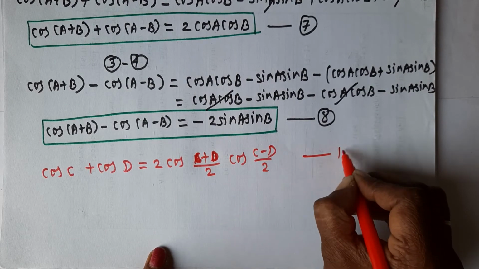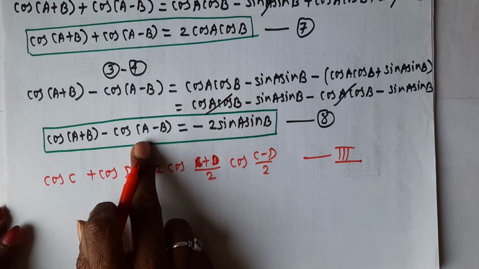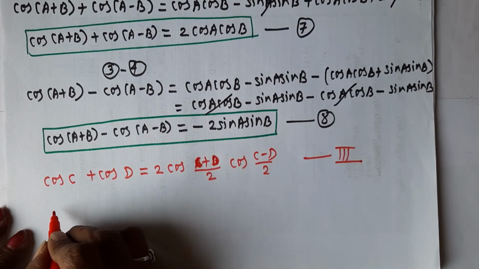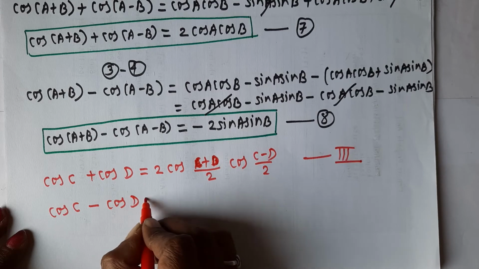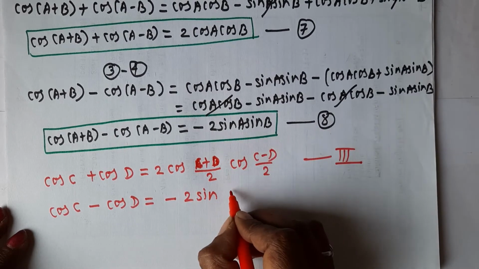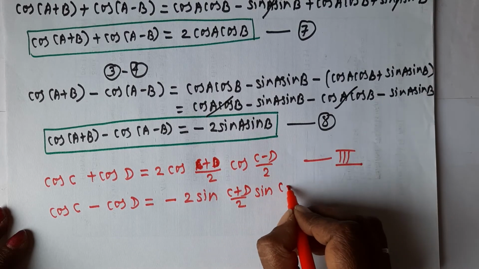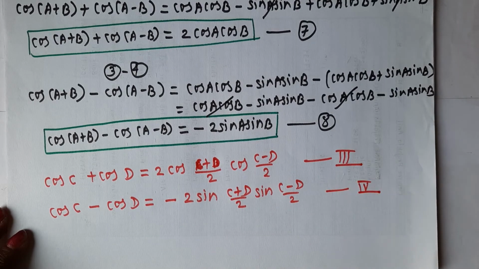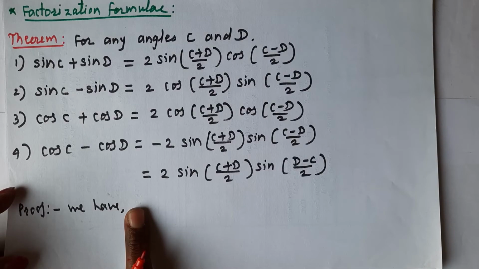In this way we have got our third formula. Now in this last formula, the 8th formula, we will keep A plus B as C and A minus B as D. Then this becomes cos C minus cos D is equal to minus 2 times sin((C+D)/2) sin((C-D)/2), and in this way we have got our fourth formula. In this way we have got all these 4 formulae.